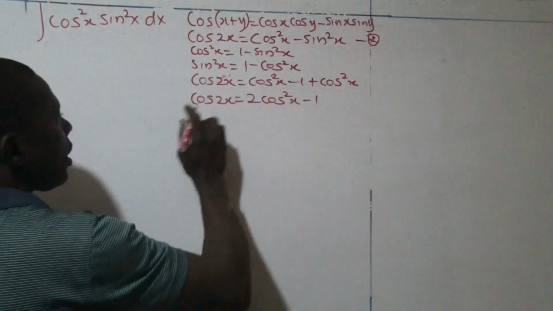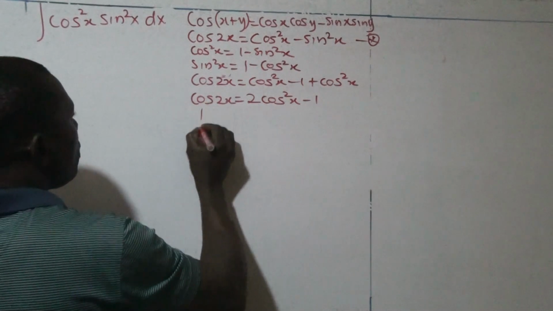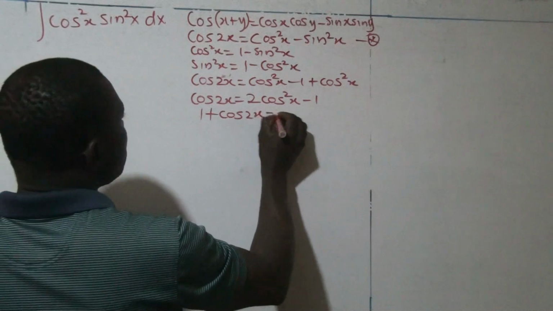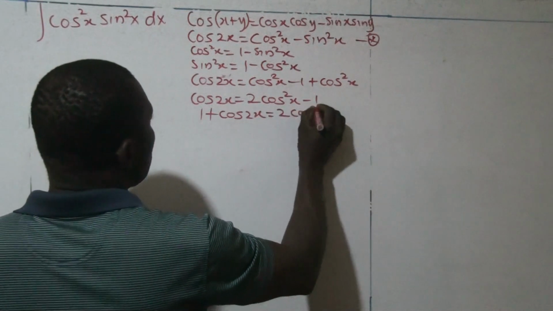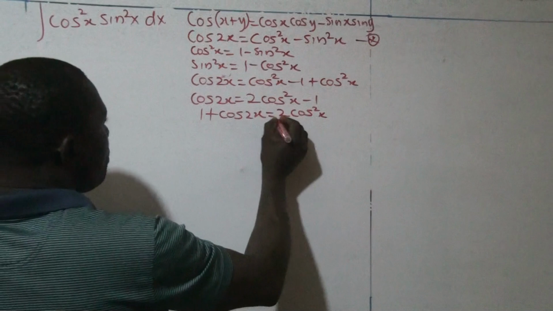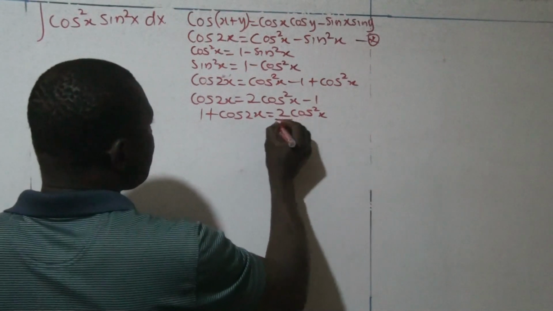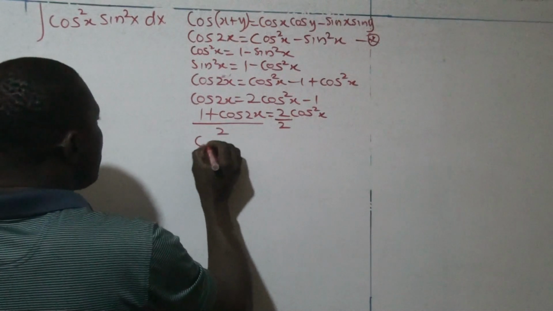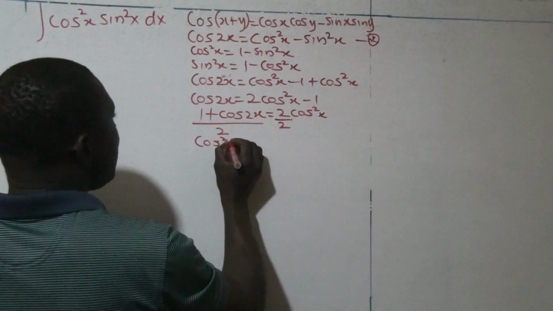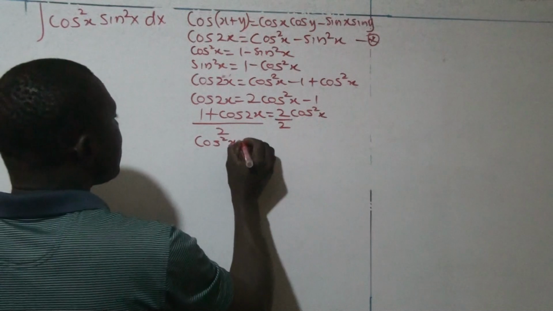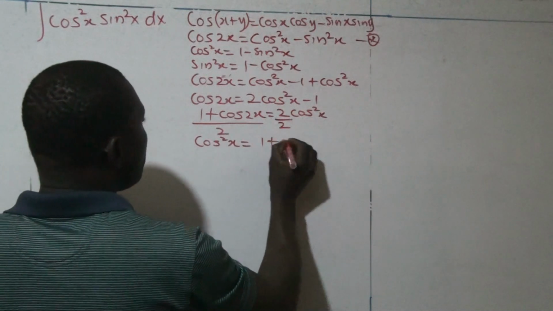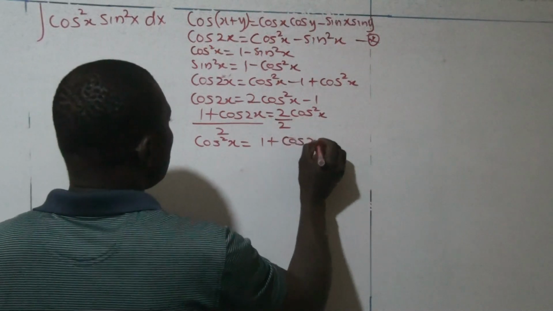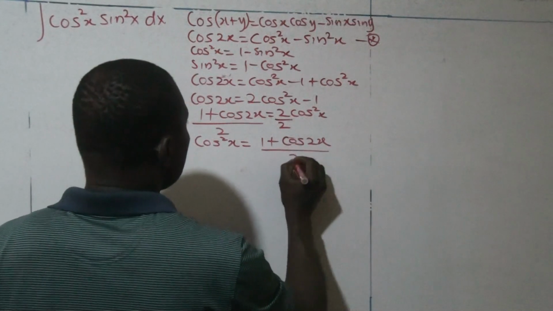That means we'll have 1 plus cos 2x is equal to 2 cos squared x. To obtain cos squared x, we divide both sides by 2. So the expression for cos squared x is equal to (1 plus cos 2x) divided by 2.